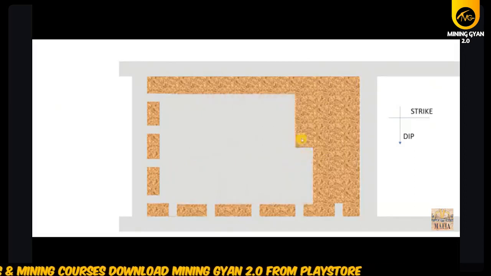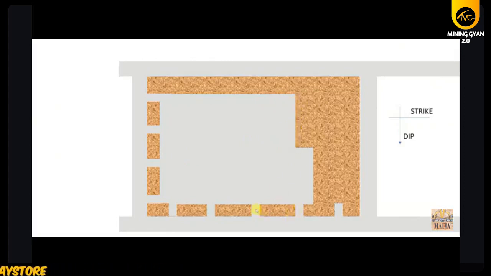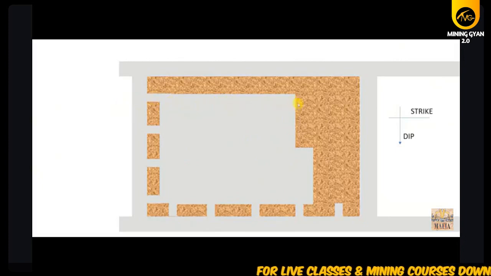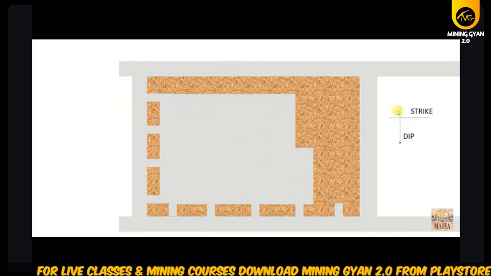Like this. So the bottom level slice is more advanced than the upper slice. So gravity will help the material of the upper slice fall down, and we can extract it with the help of your chutes through the lower level. Okay.